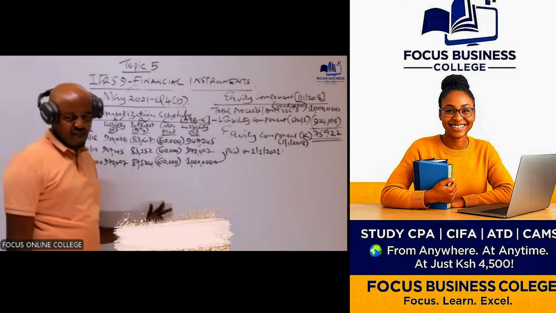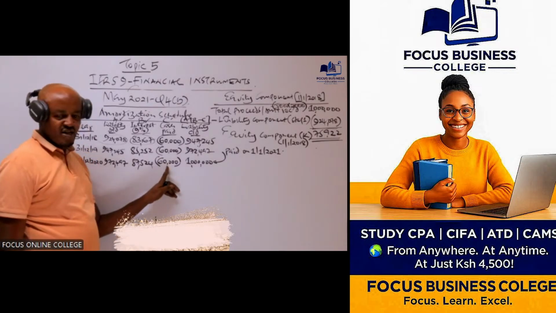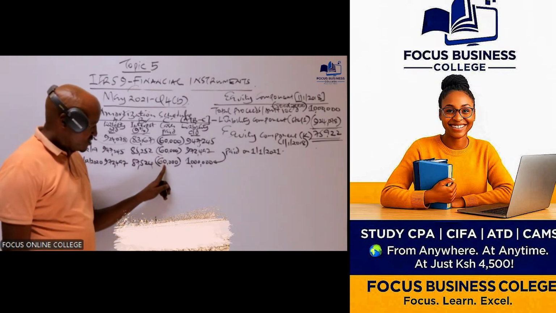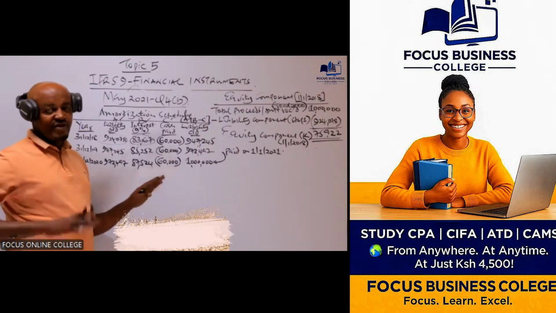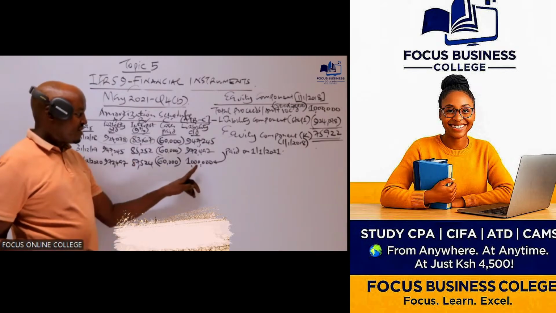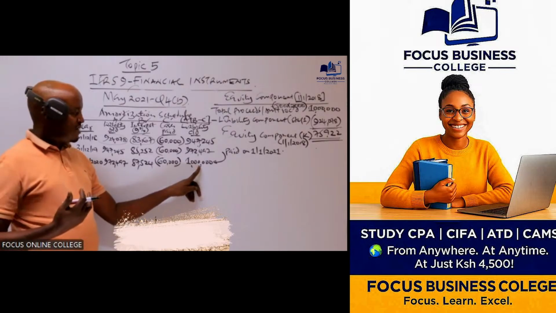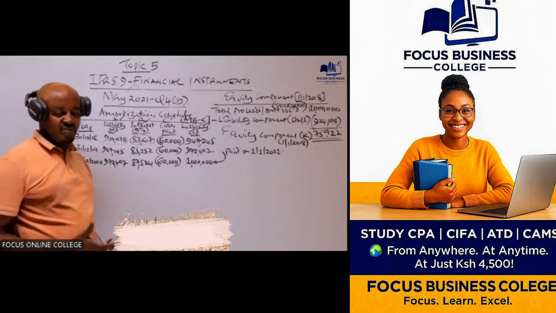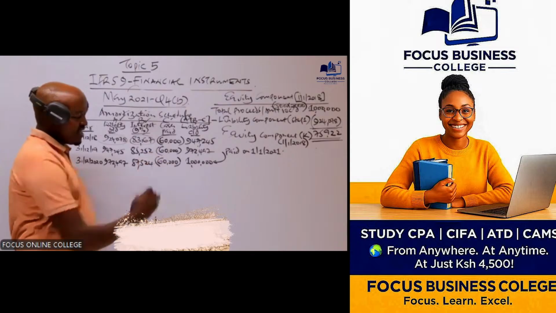That is when it will be paid. So therefore, it was not paid here. That's why we are not including 1 million. But if the question is silent regarding when this debt instrument will be redeemed, then we would have included 1,060,000.